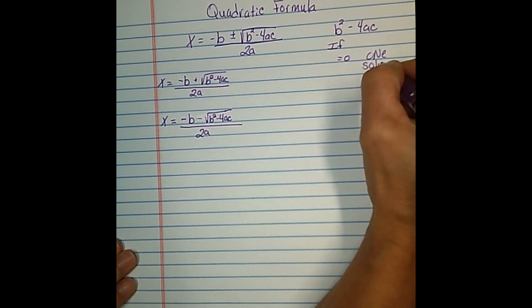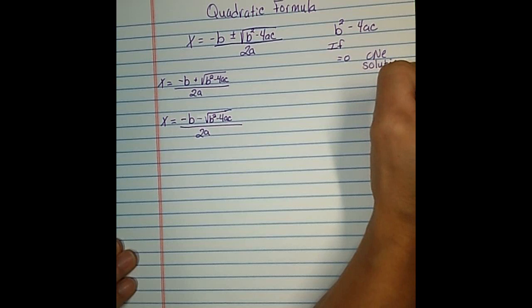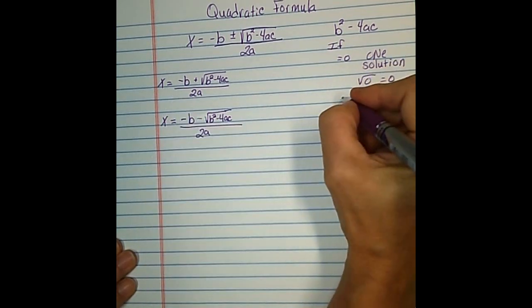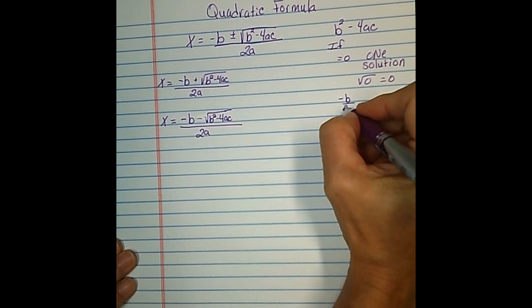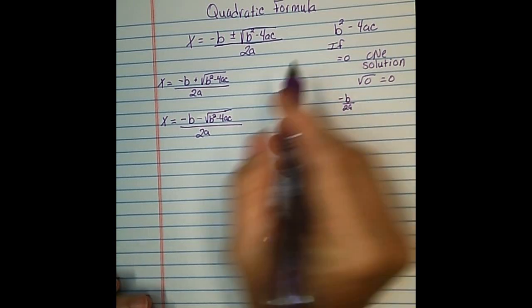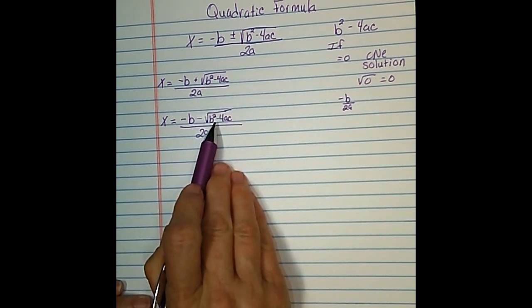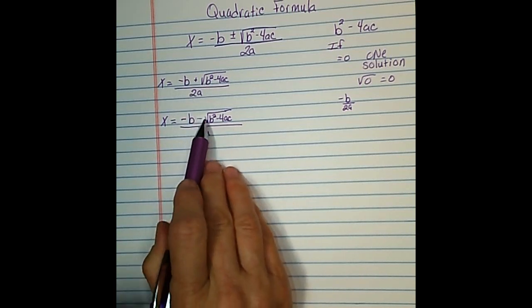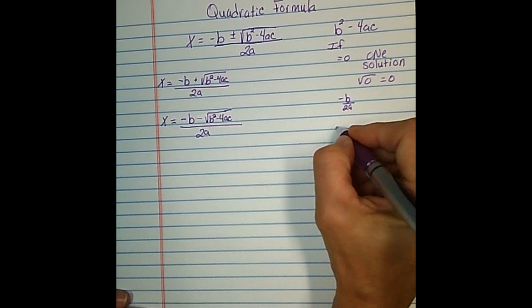Which makes sense, because the square root of 0 is 0, and that leaves me with negative b over 2a. Because if I put 0 in for the root, I've just got negative b plus 0 and negative b minus 0. That's just negative b over 2a.